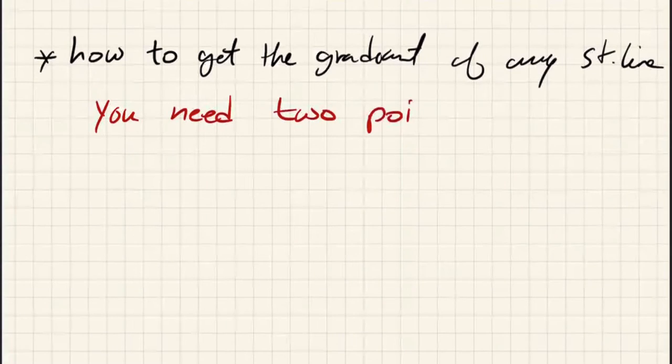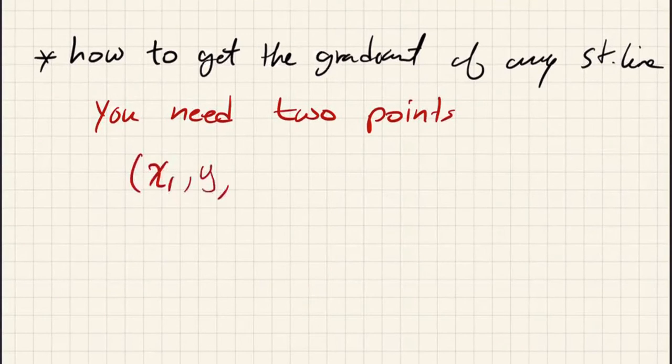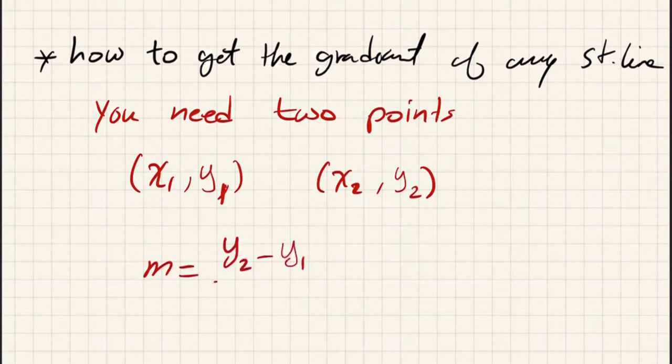That's all. You need only 2 points to get the gradient of this line. One point will be x1, y1, okay, and other point will be x2, y2, okay, and the gradient in this case, the m will be equals to y2 minus y1 over x2 minus x1.